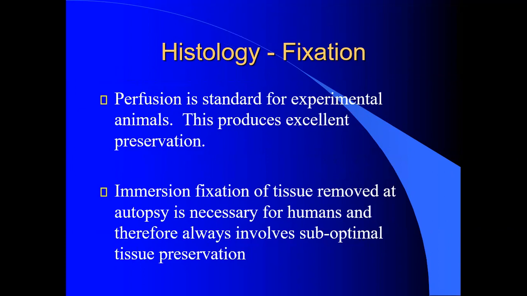Here are the two. Basically, fixation falls into two categories. There's perfusion fixation and immersion fixation. If I were doing a rat study and I wanted good detail, I would take the rat and I would anesthetize it, paralyze it, usually with ketamine.